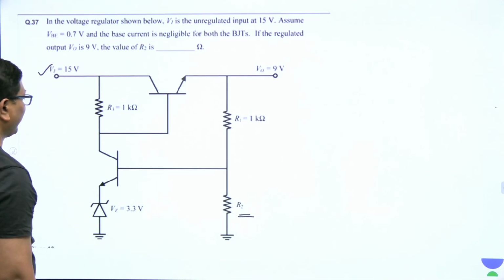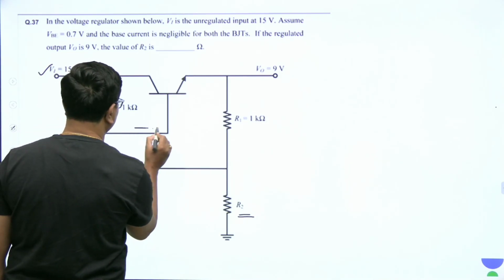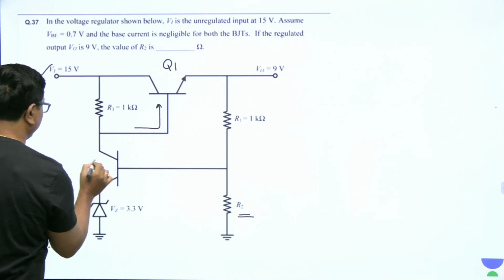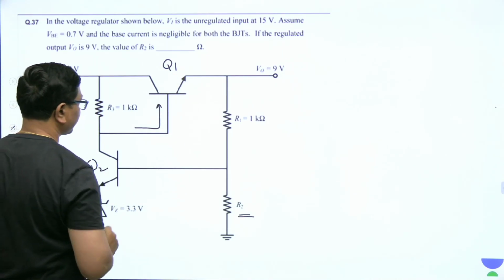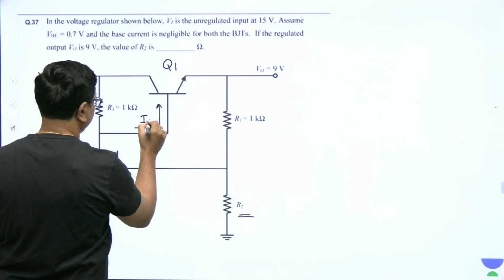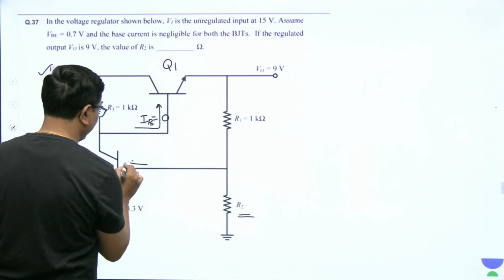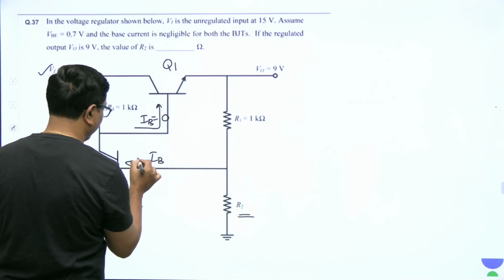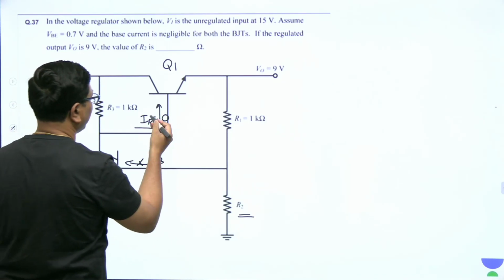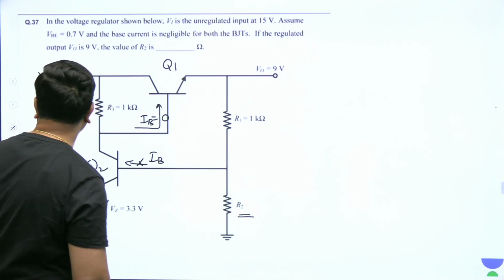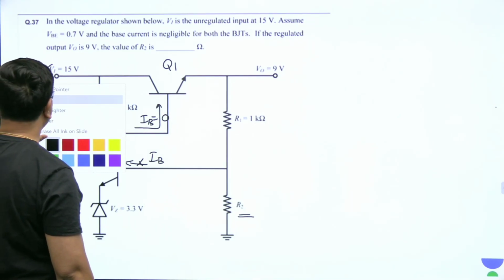Base currents are neglected, means we can neglect this current if I assume Q1 and this one as Q2. This IB is neglected and this IB is also neglected, neglecting the base currents. It is not 0, we are neglecting it, means its value may be very small to be neglected.